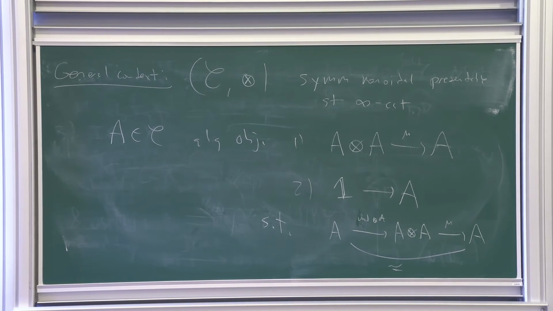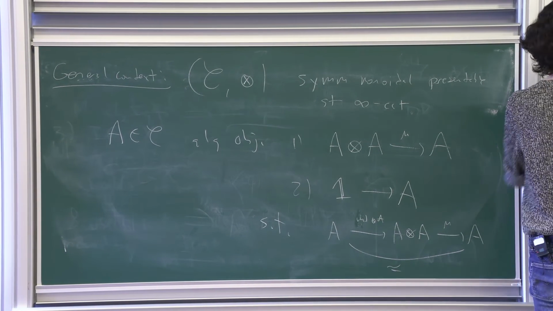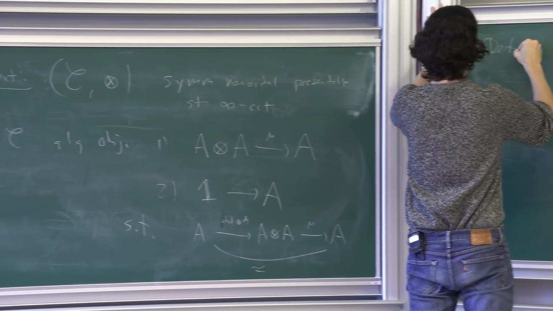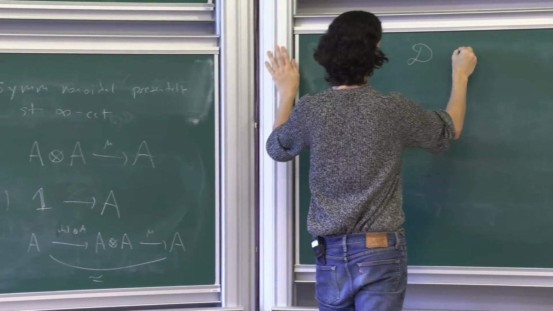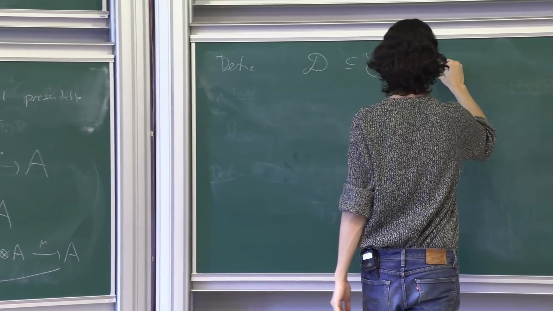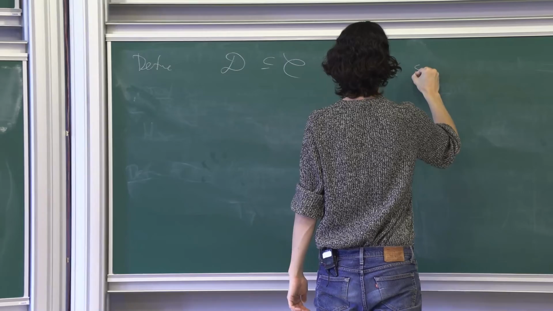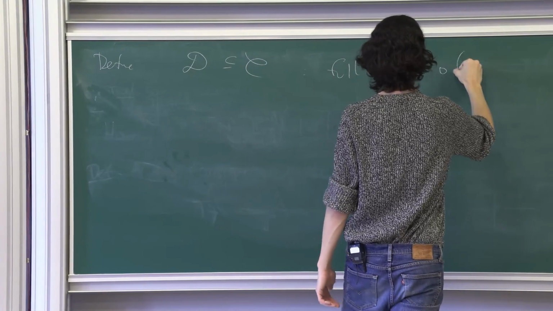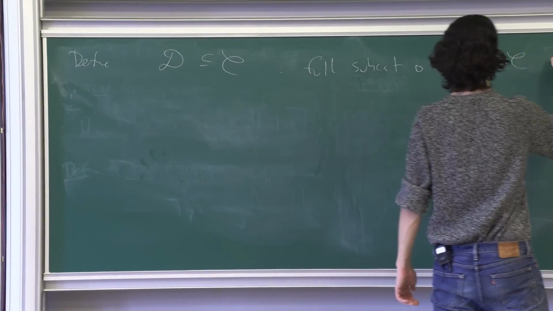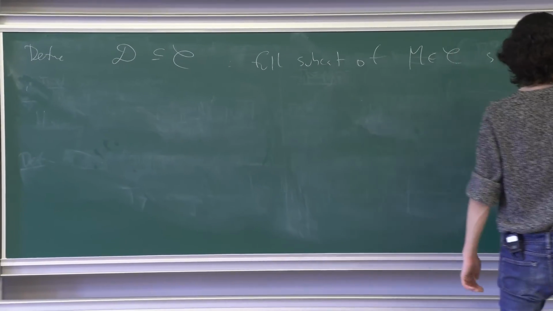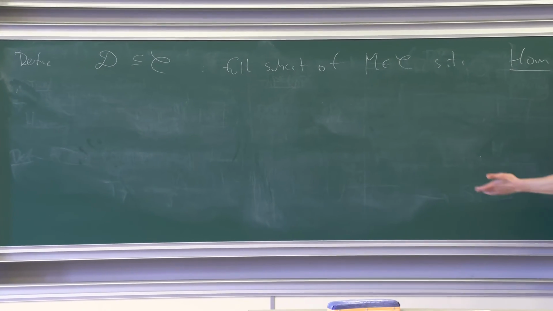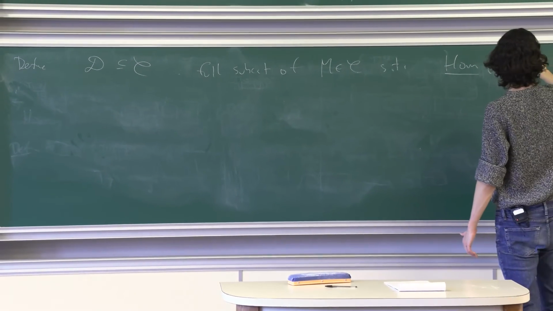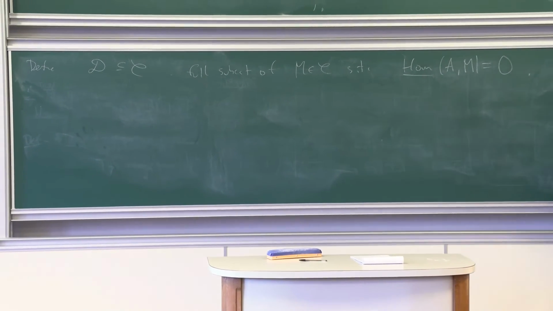Okay, then we can define D subset C to be the full subcategory of those M in C such that internal Hom, which implicitly is an R Hom here, from A to M equals 0.